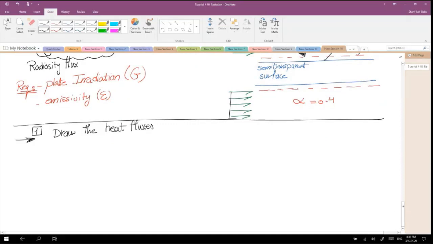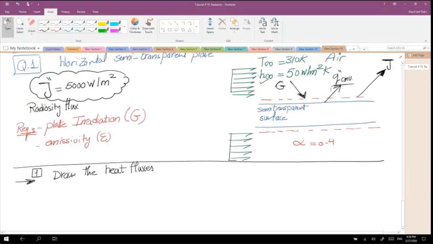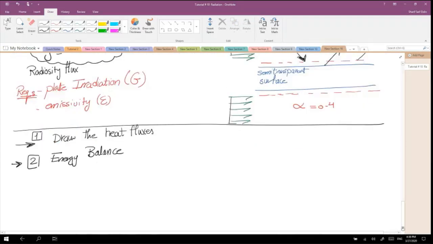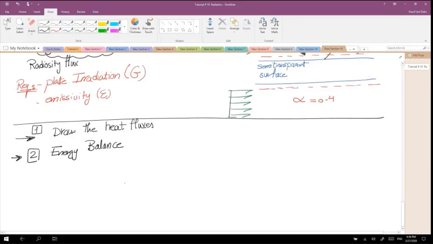from here we have to do an energy balance. So the second thing that you have to do is doing an energy balance over the surface. So energy balance is basically energy in is equal to energy out.